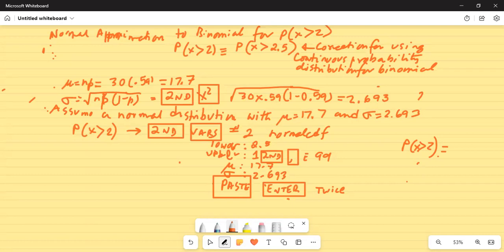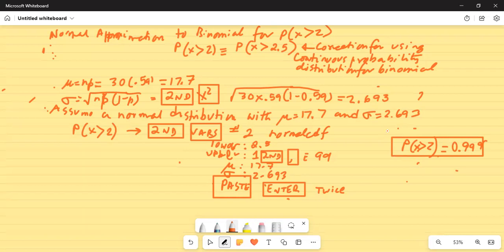And I paste, enter, enter. And the answer is the same as before, which we obtained by the binomial distribution, which is 0.999.